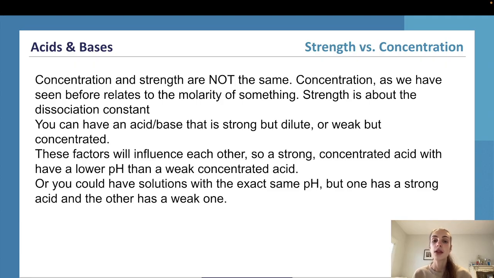We know that a strong acid is going to dissociate to form H+ in a large amount, whereas a weak acid is going to dissociate to form only a small amount of H+. But if it's a very concentrated weak acid, then there may be the same amount as a very dilute strong acid.